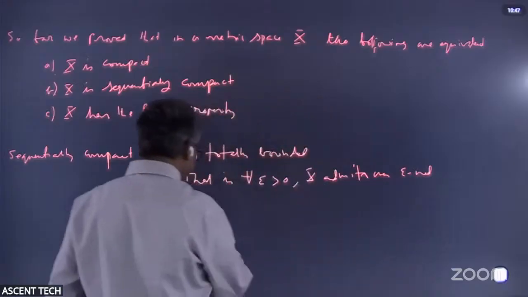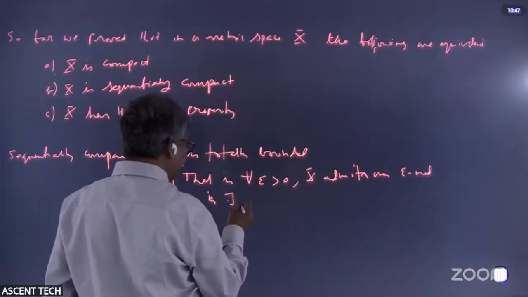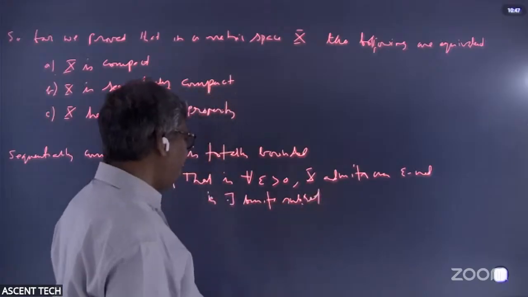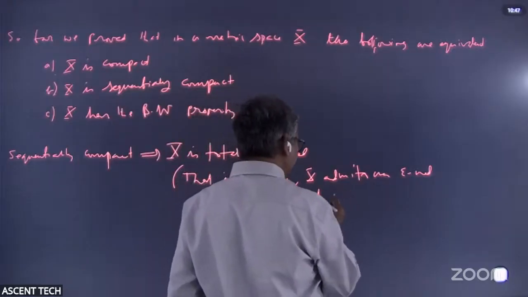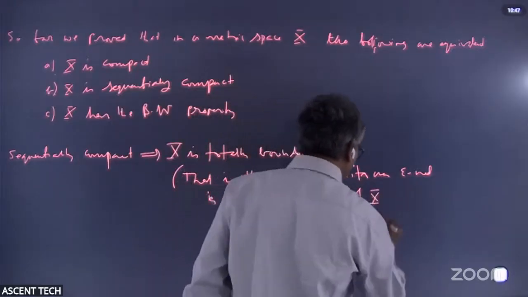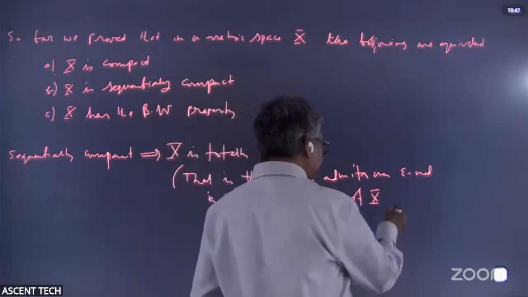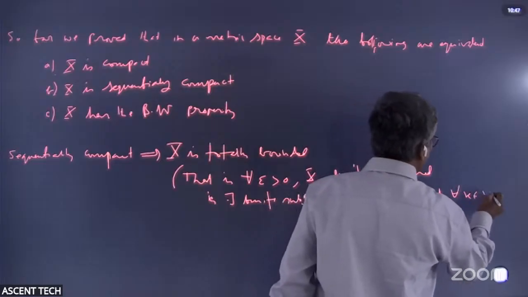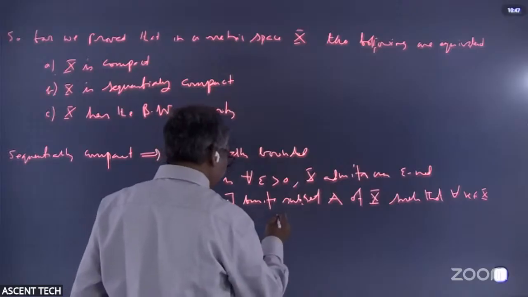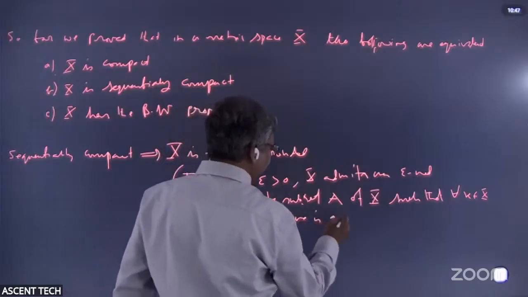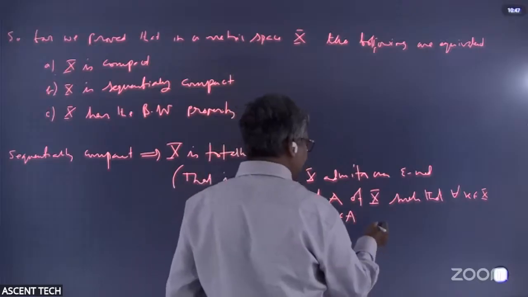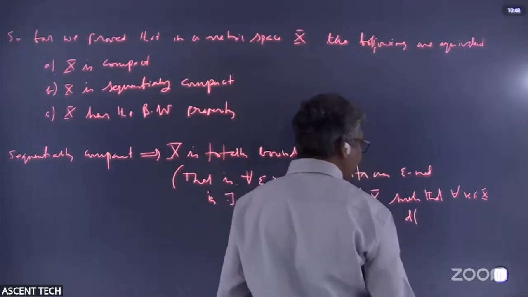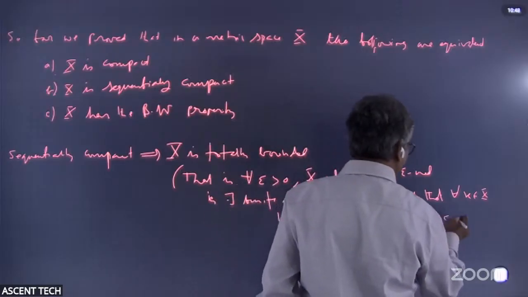What do you mean? That is, there exists a finite subset, say A of X, such that for each x in X, there is an a in A such that the distance of x from a is less than epsilon.